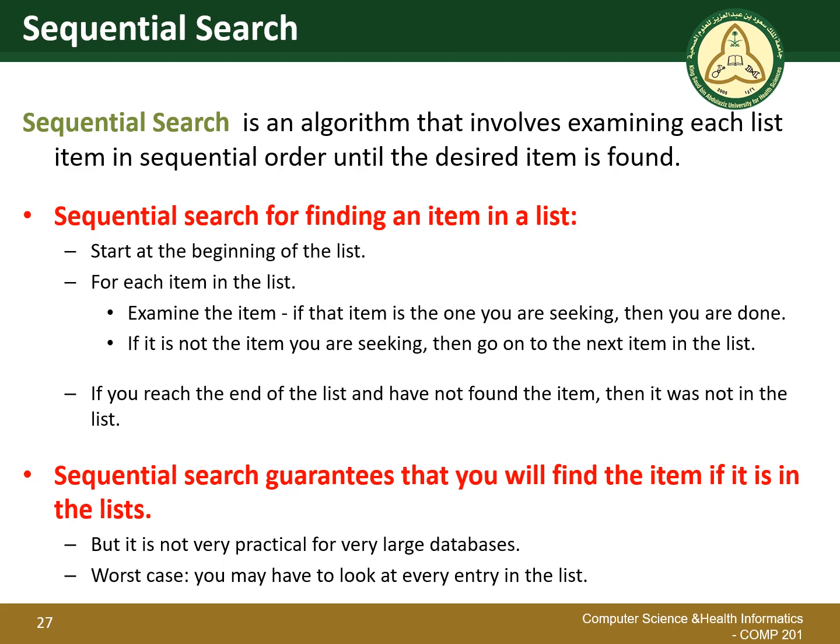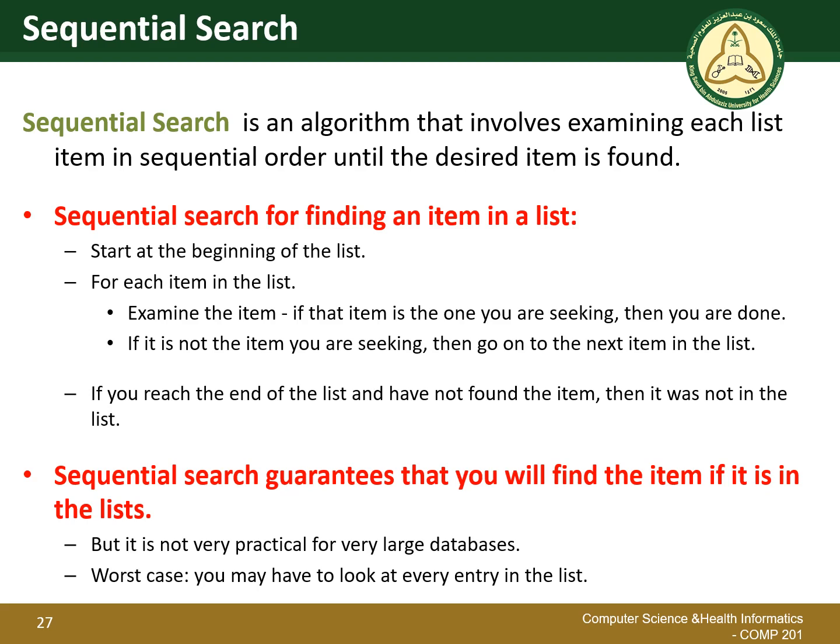So the steps of sequential search: first, we start from the beginning of the list, and for each item in the list we repeat the following. Examine the item. If it is the one you are looking for, then you are done. If it is not, go to the next item. These two steps repeat at most for the number of items.